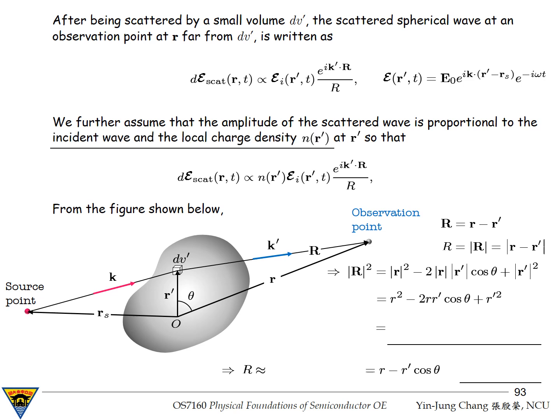So we introduce the electron density n of R prime. This means the scattered field from the small region becomes proportional to the electron density at position R prime, the incident electric field also at this position, and the phase factor e^(ik prime·R) divided by R, as shown in this expression.